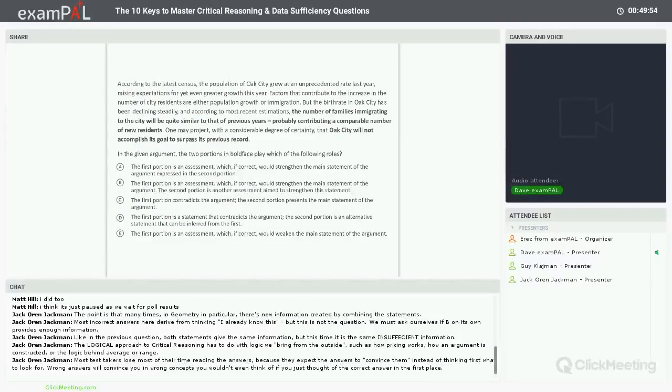According to the latest census, the population of Oak City grew at an unprecedented rate last year, raising expectations for yet even greater growth this year. Factors that contribute to the increase in the number of city residents are either population growth or immigration.